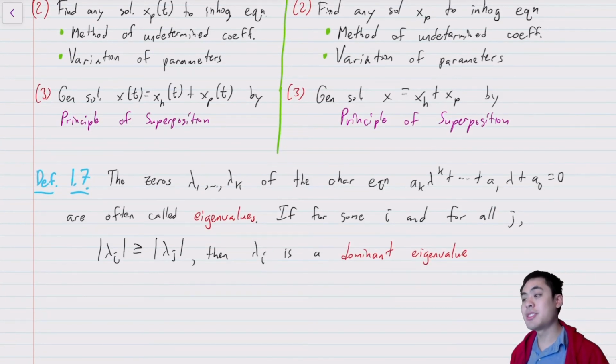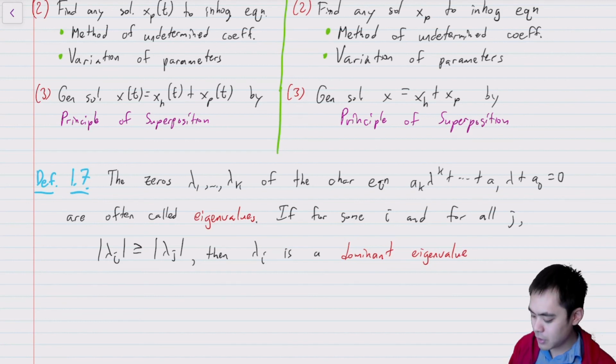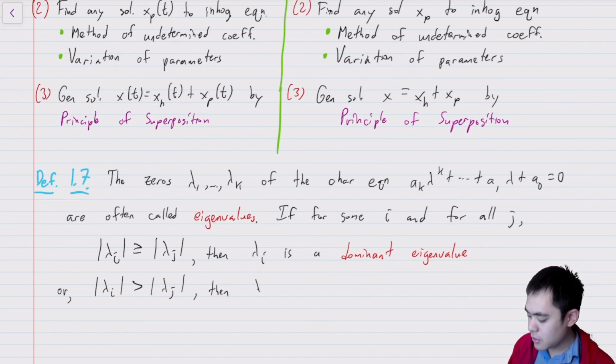And of course here, this isn't just the absolute value, this is modulus, because you can have imaginary and complex eigenvalues. Or if this inequality is strictly greater than lambda j, then lambda i is the strictly dominant eigenvalue.